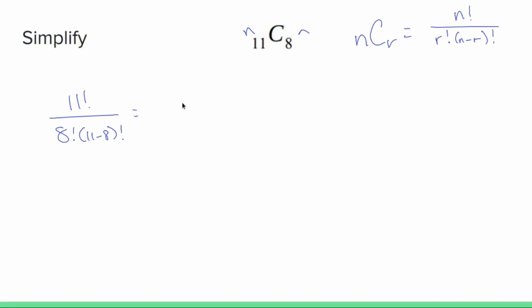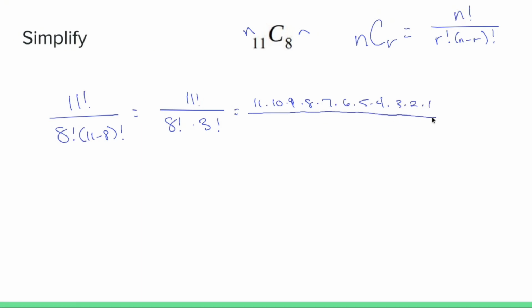Now before I start ripping things apart, that's 11 factorial over 8 factorial times 3 factorial. What's going to happen is after I list out 11 factorial, 11 times 10 times 9 times 8 times 7 times 6 times 5 times 4 times 3 times 2 times 1, we realize that that 8 factorial is going to kill off almost this whole thing.